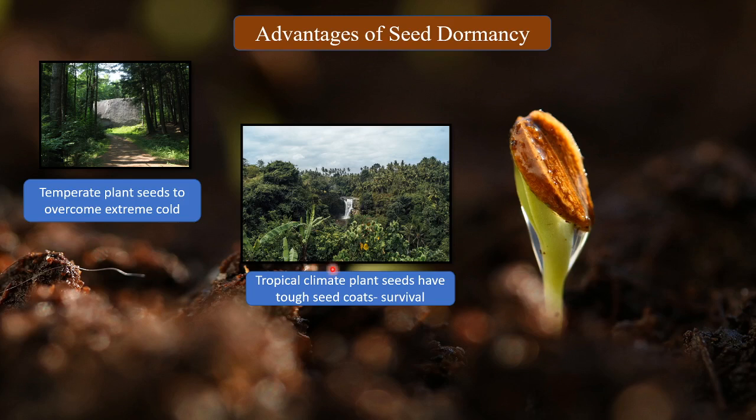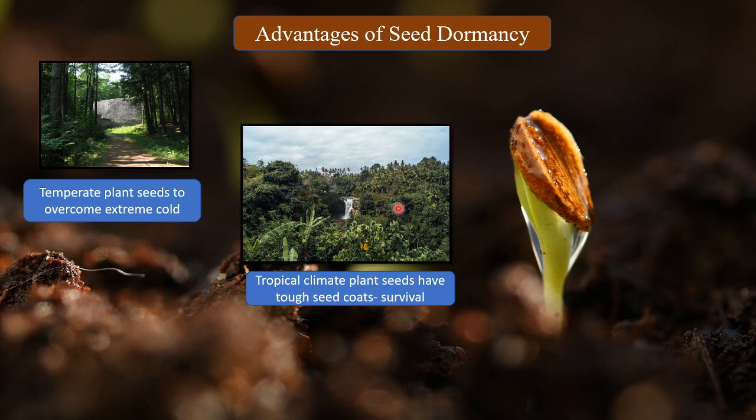Similarly, in tropical climates also the same thing happens. Tropical climates, for your information, are climates that are very humid, though the temperatures are not very high, but the climate there is very humid, and it has year round rainfall. So an example of such an area is Kerala, right? So for plants belonging to a tropical climate, the seeds sometimes become very tough and survive by dormancy.